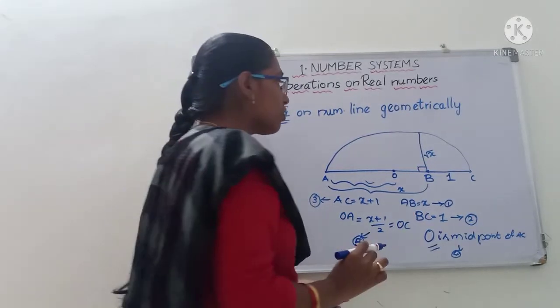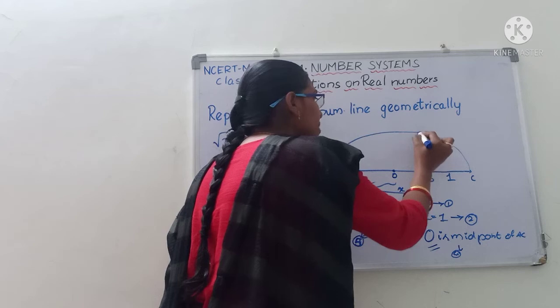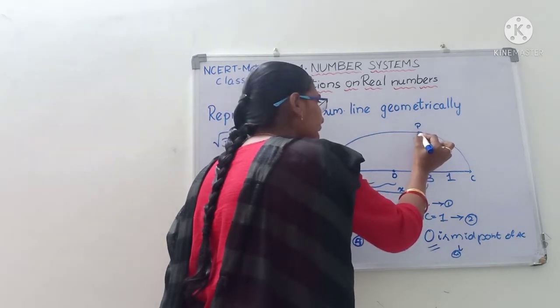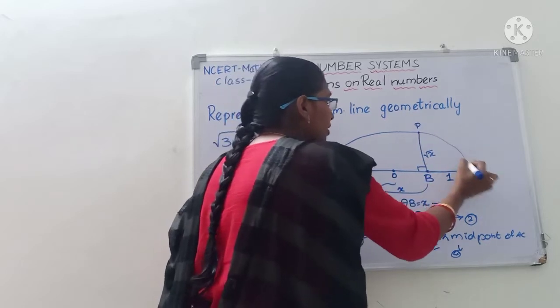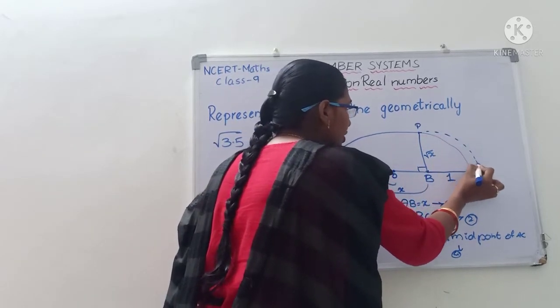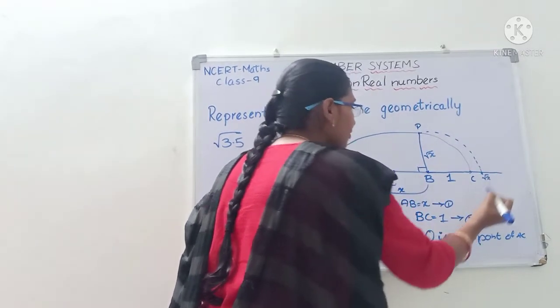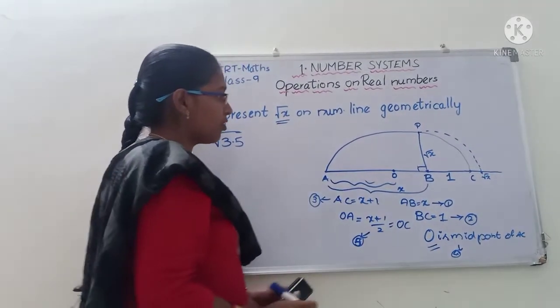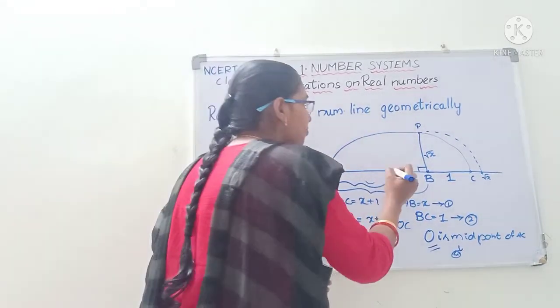If you represent this on the number line, how do you represent? Keep your compass on B, then measure this point P. Let it be P on the semicircle. With this BP, you can measure and draw on the number line. You can get root x here somewhere. So these are the steps, children. Let's see how BP will be root x.